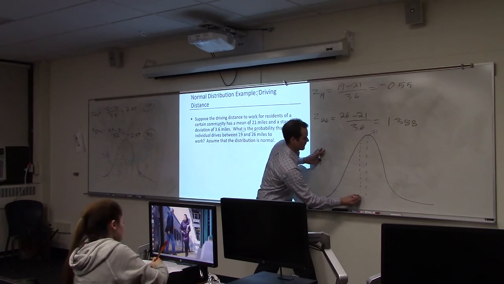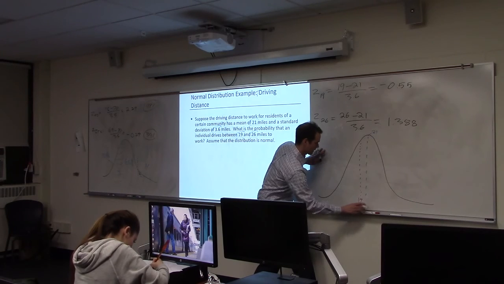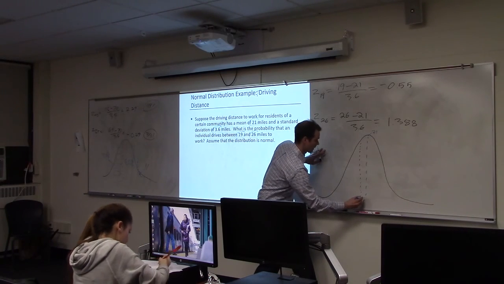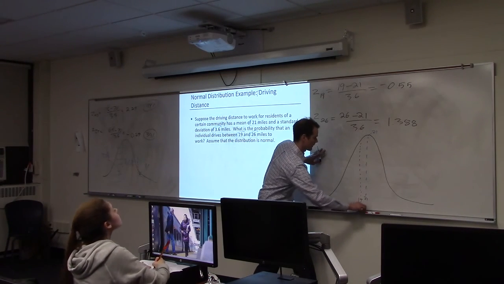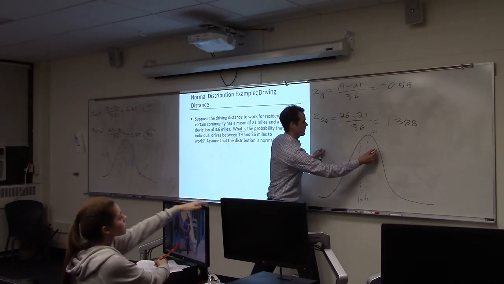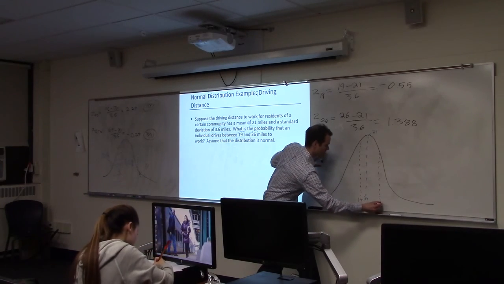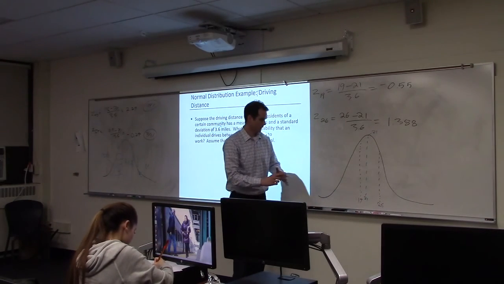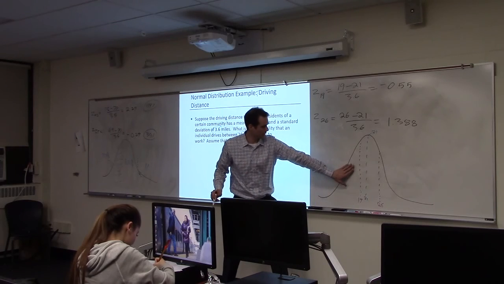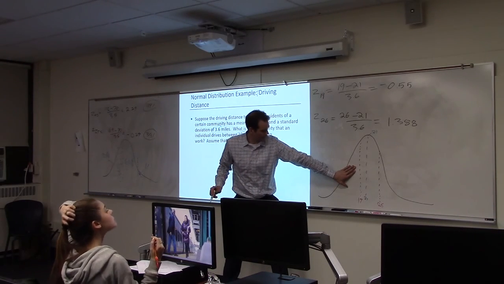So this is 19, this is 21, and then in a minute we're going to need to find the z-score for 26. Okay, so what is the probability of less than 19?